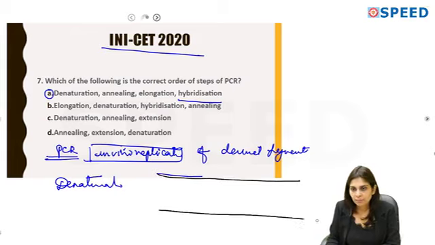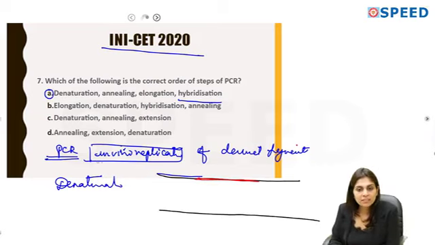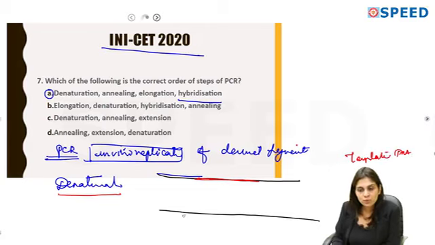Suppose this is the template DNA that you have added. So I was telling you that PCR is an in vitro replication process, and for every replication process the first step has to be unwinding, and the other name for unwinding would be denaturation. And suppose the black strand here represents the template DNA that you have added, and let's assume that the red fragment is what you want to be amplified.